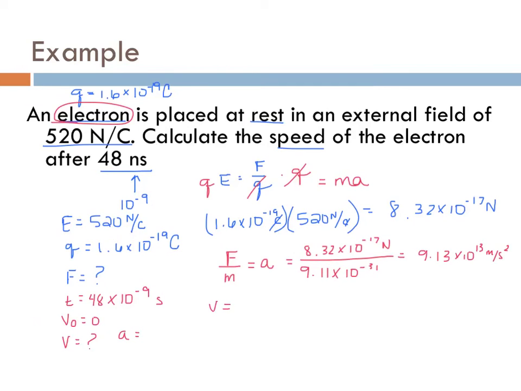So, V is equal to V naught plus AT. V naught cancels out, and we simply multiply our acceleration by our time. Which is 4.38 times 10 to the 6th power.